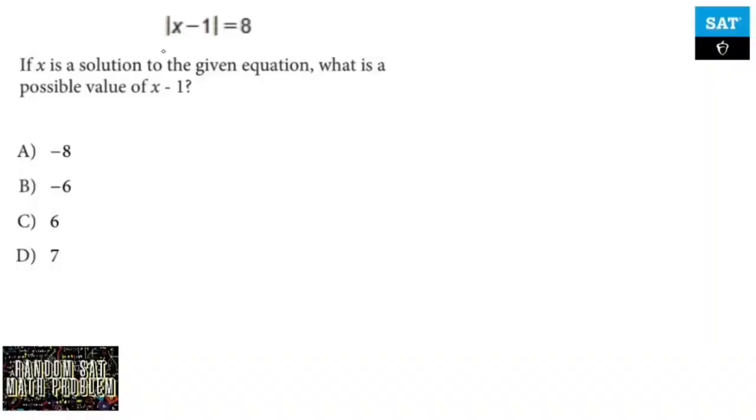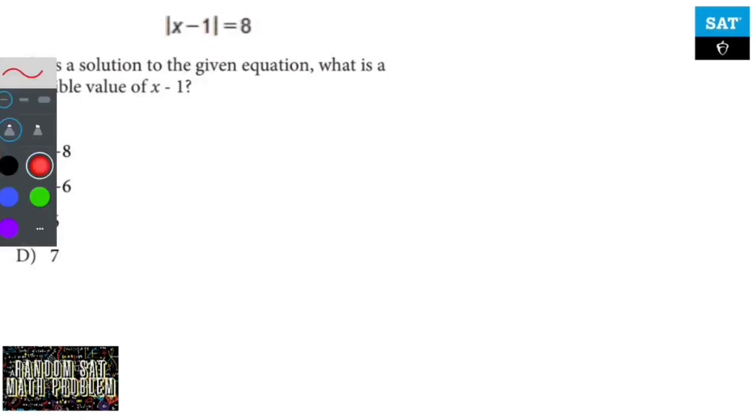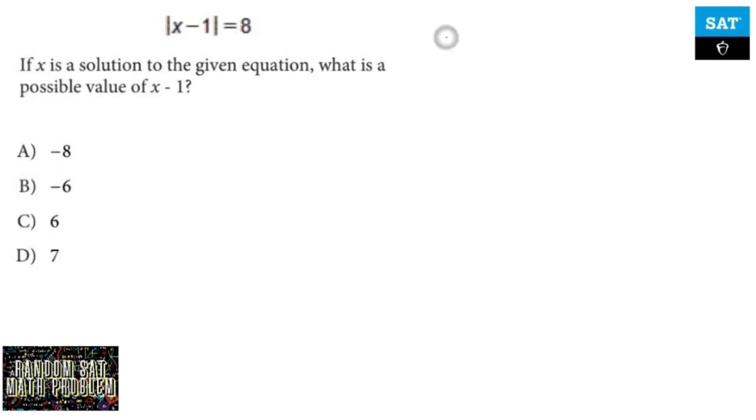Ooh, an absolute value equation. If x is a solution to the given equation, what is a possible value for x minus 1? Negative 8. Basically it's saying x minus 1 is that guy, so let's put a smiley face in there and ask what the smiley face could be. Well, only negative 8. That's the common sense way, but the realistic way is whenever I have an absolute value of stuff equaling 8, I split it into two equations: the original, and that stuff equaling the opposite.